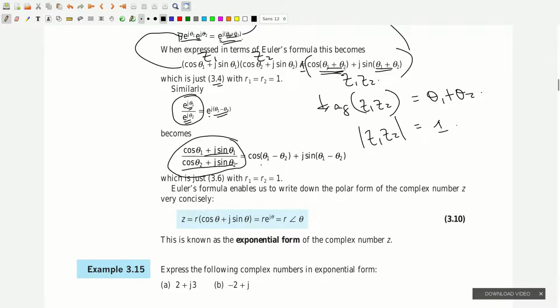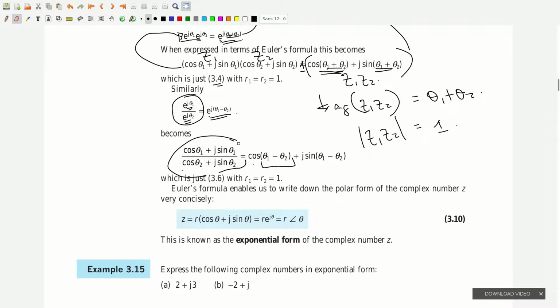Then we can write it directly as cos of theta 1 minus theta 2 plus j sine of theta 1 minus theta 2. So also we can see that the modulus is 1 and the argument is theta 1 minus theta 2.